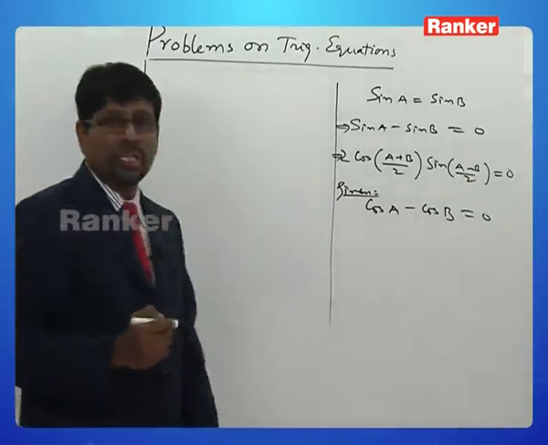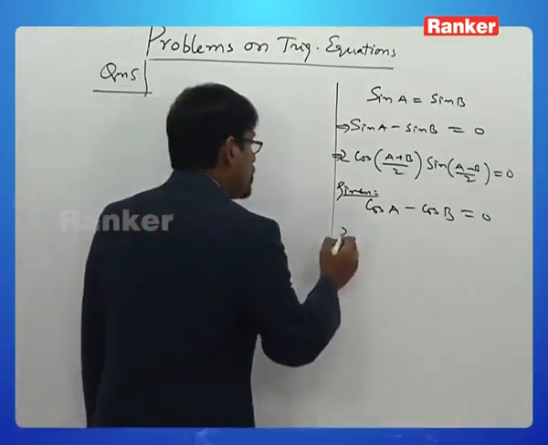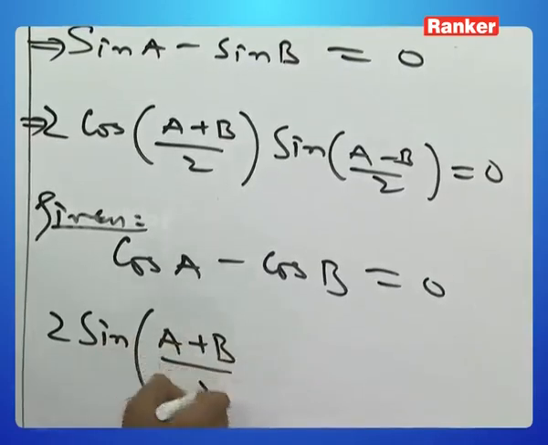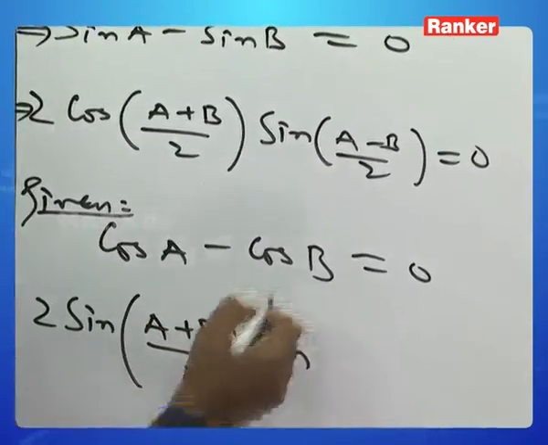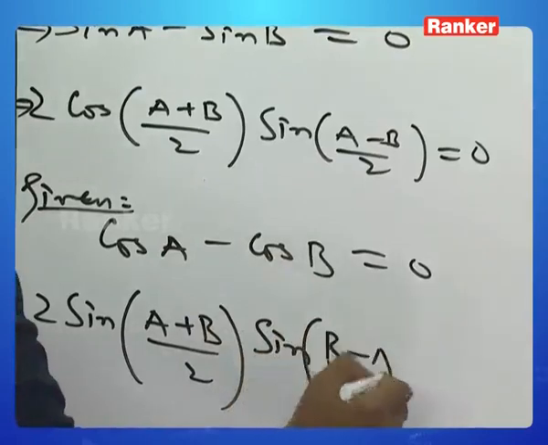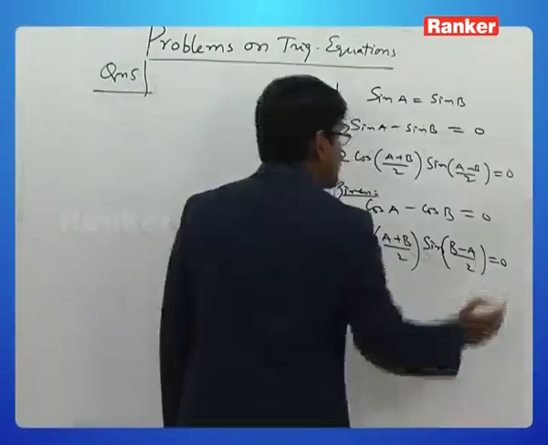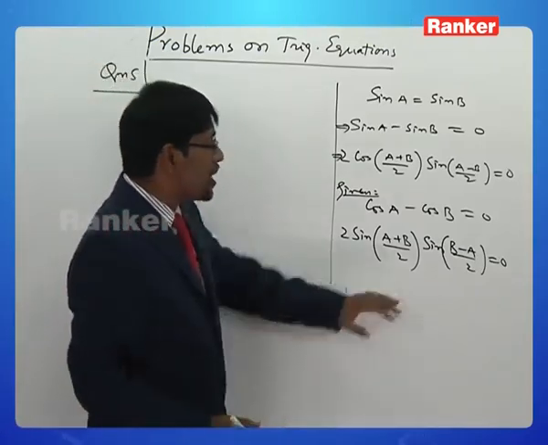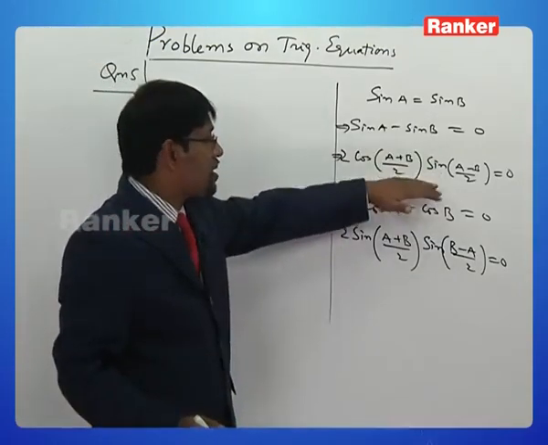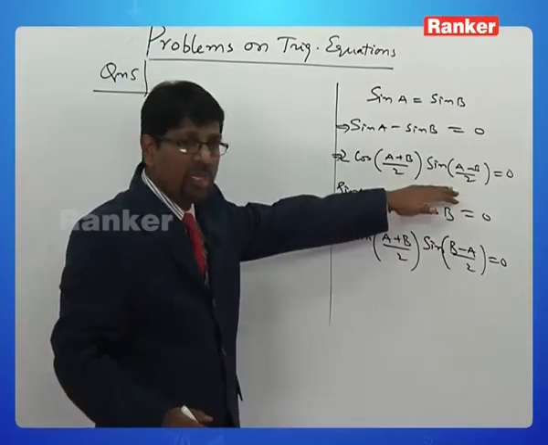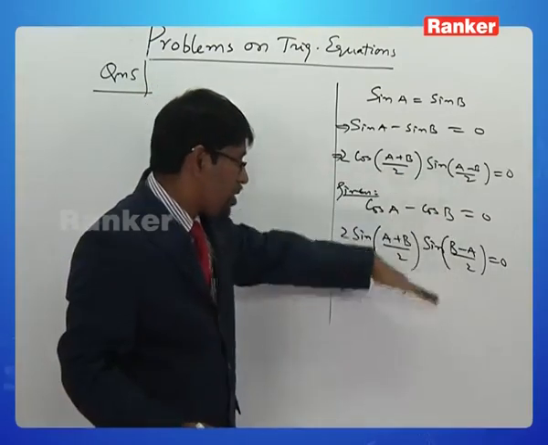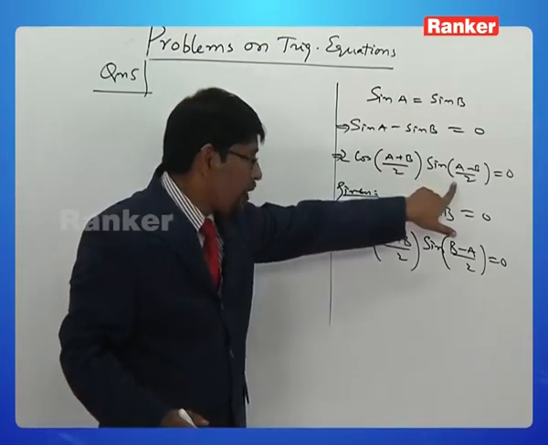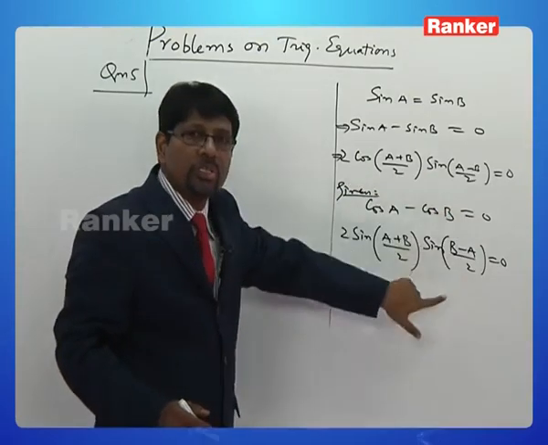But what is the cos A minus cos B formula? 2 sin of (A plus B)/2 into sin of second angle minus first angle, (B minus A)/2. Now what is that factor which makes both these expressions 0 simultaneously? If these two are to be 0 simultaneously, we should equate to 0 the factor which is common to both these equations.